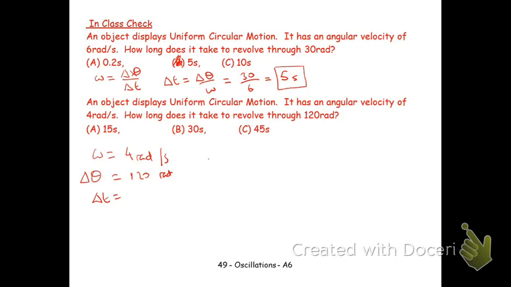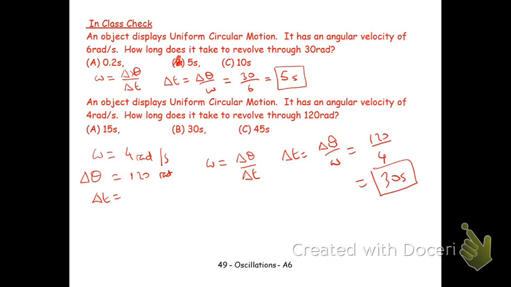Oh, I get it. Omega is equal to delta theta over delta t. So delta t equals delta theta over omega, which equals 120 over 4, which equals 30 seconds. Piece of cake.